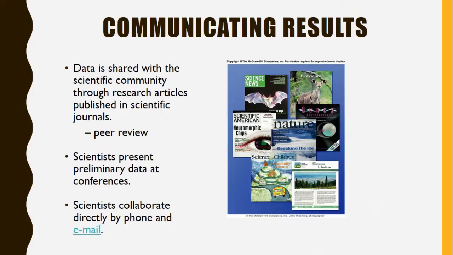But there are loads and loads of scientific journals, and they could be published as research papers, peer reviews. And also, if you're collaborating with someone, you can connect with them via phone or email, or now that our technology is so advanced, for me, I like Skype because face-to-face contact is much better.